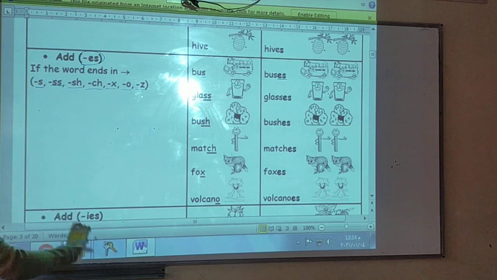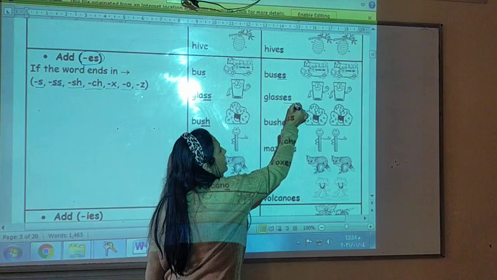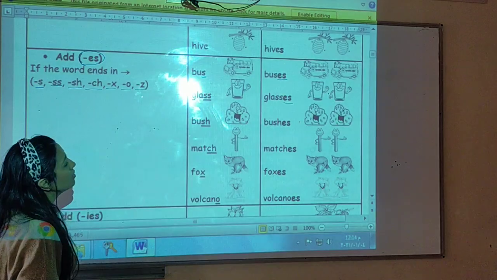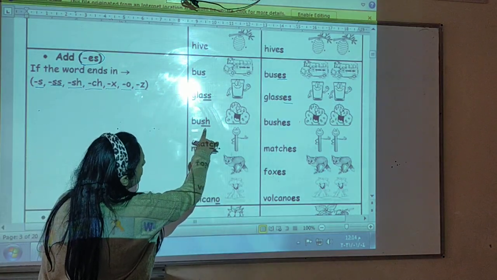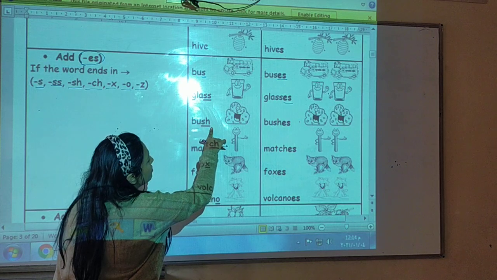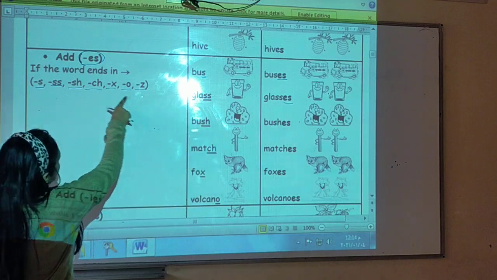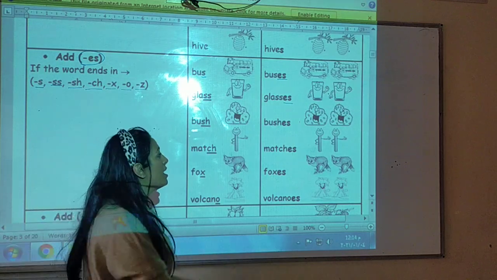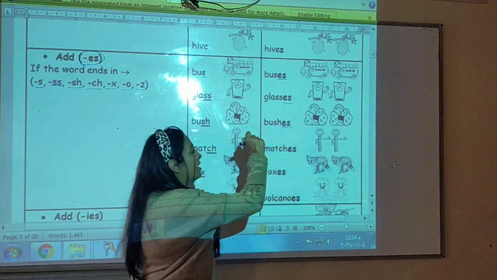So we are going to add es, not only s. Look here, bush. Bush ends with sh. Is sh one of these letters? Yes, it's here. So we are going to add es, not only s.